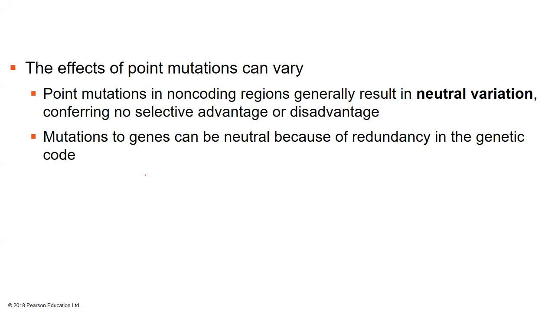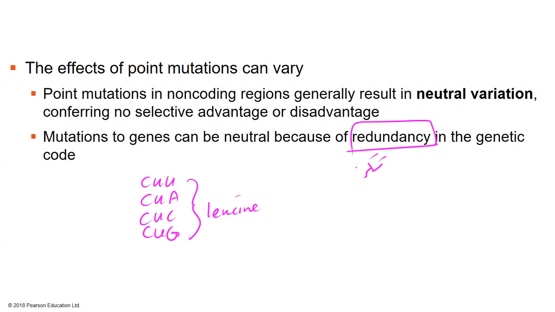Where's the codon table? So you have CUU, CUA, CUC, and CUG. These codons all encode the amino acid leucine. So this is what is meant by redundancy, tikrar.